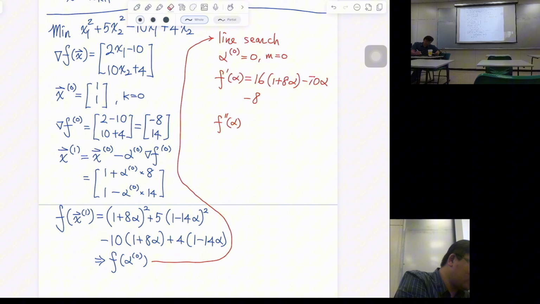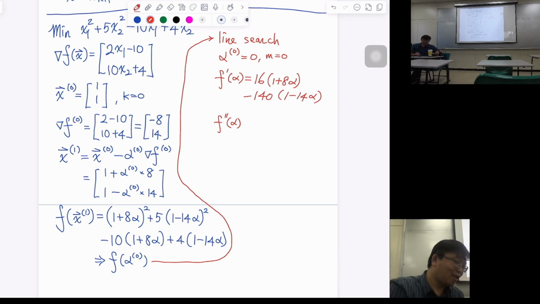So here, this should be minus 140 times 1 minus 14 alpha. Oh no. Yes. Right? Chain rule, right? And then minus 80 alpha, and then minus 56 alpha. Remind me if I make a mistake. Okay.